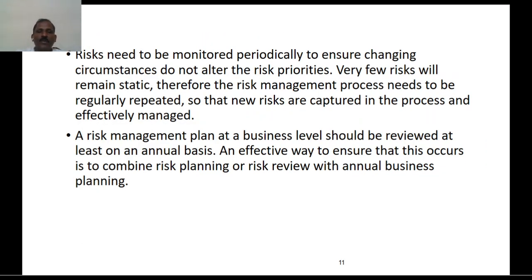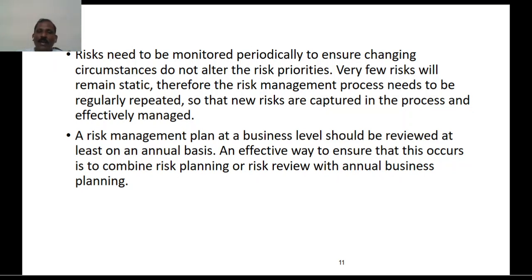Risk needs to be monitored periodically, maybe for revising the process or any plan. You see, now we are in a pandemic and the virus is mutating all the time. For every phase of mutation, there need to be studies and ways and means to treat it.